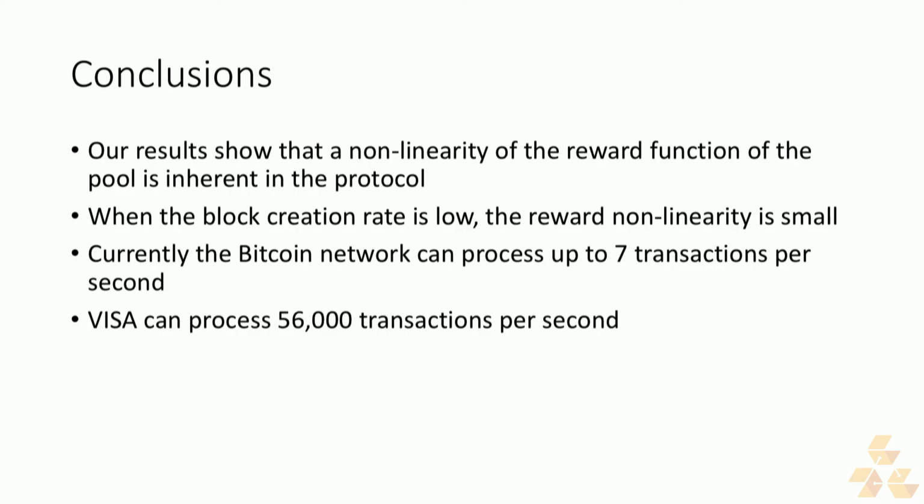And this is also true if we only allow deviations that are either a merge of one pool with a subset of miners in the other pool, or a split of one pool into two pools. So to conclude, our result is based on the nonlinearity of rewards in Bitcoin and other blockchain protocols.